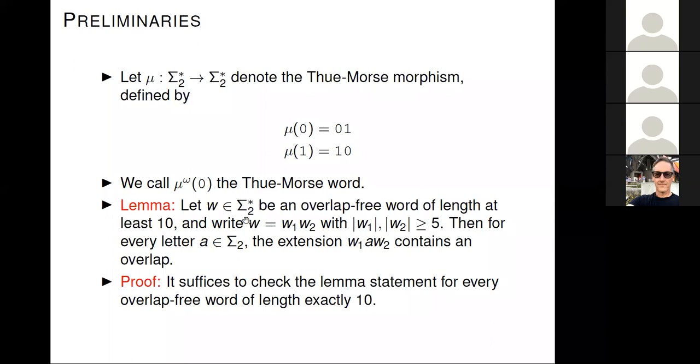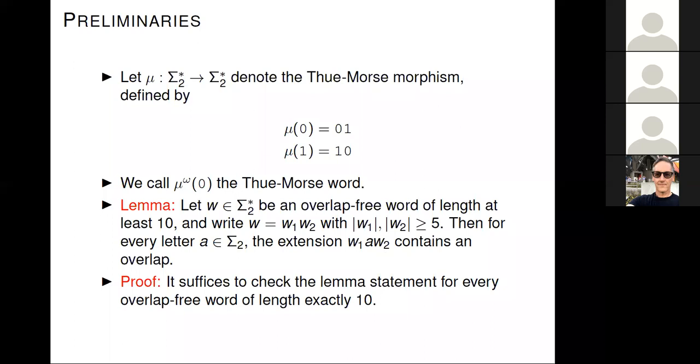In fact, if you look at any overlap free word of length at least 10, and you factor it so that the two chunks W1 and W2 are both of length at least 5, then for every letter, if you try to put that letter in between W1 and W2, you get an overlap.